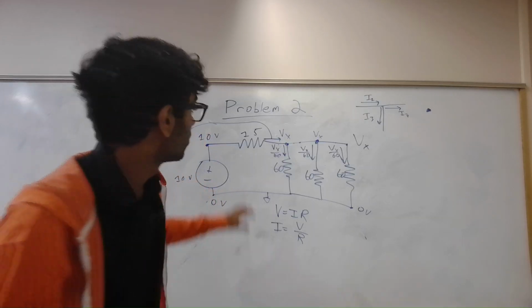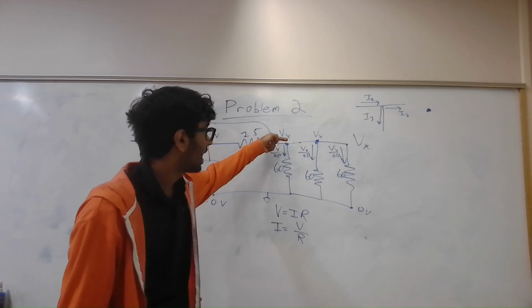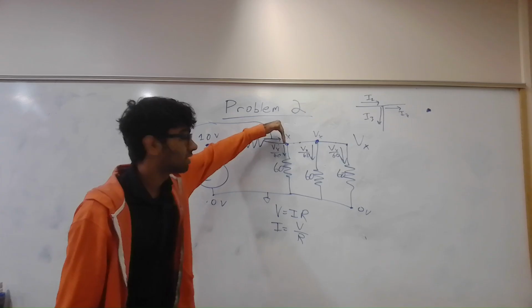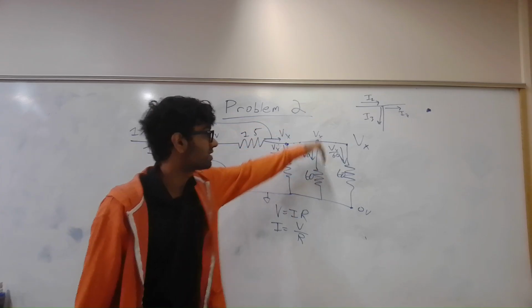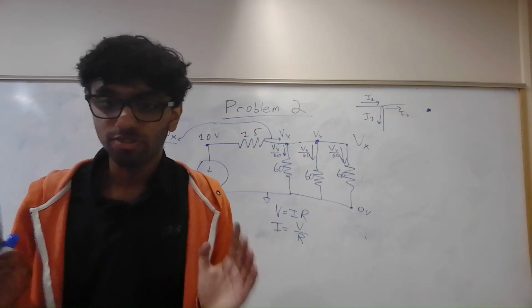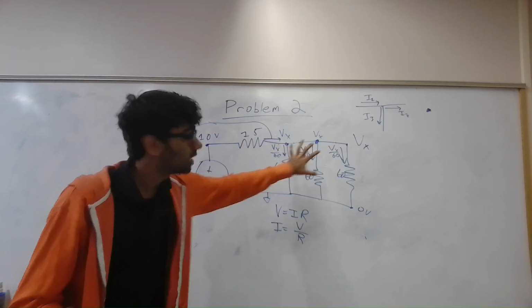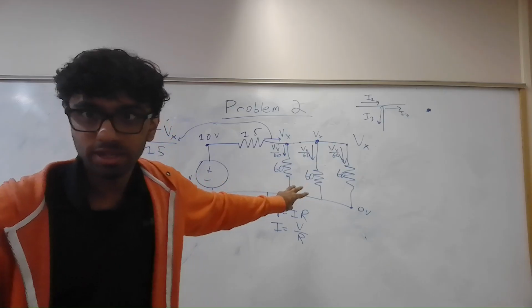Now remember, what goes into this node has to go out. Whatever's going in through here has to be equal to the sum of this, this, and this, because there's nowhere else for the current to go. Okay? This is the teacher supplying the pizza, and this is the hungry students eating all that pizza.